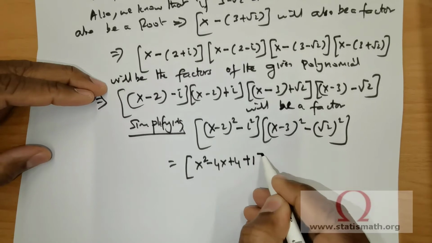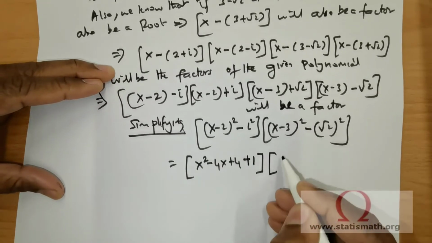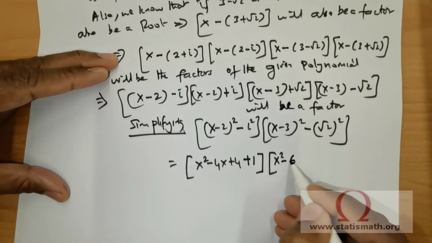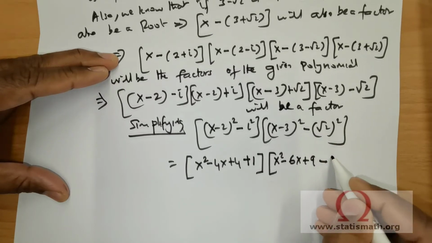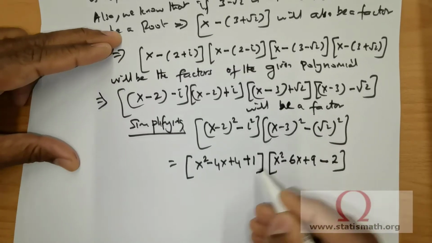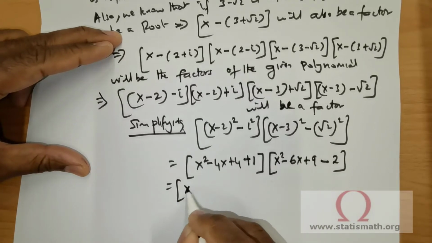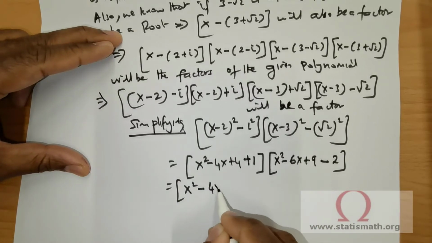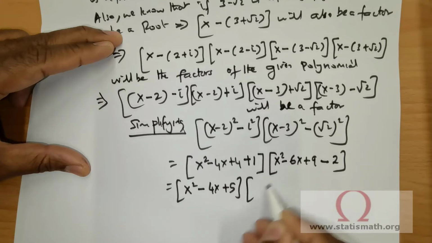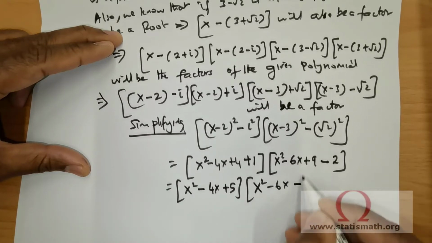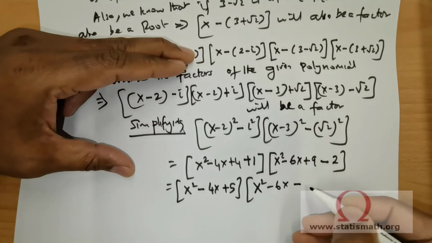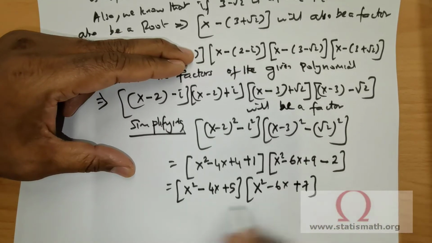That is what you get here. And this is x^2 − 6x + 9, and (√2) squared gives you 2. That can be rewritten as (x^2 − 4x + 5) times (x^2 − 6x + 9 − 2). So this is what you have got.